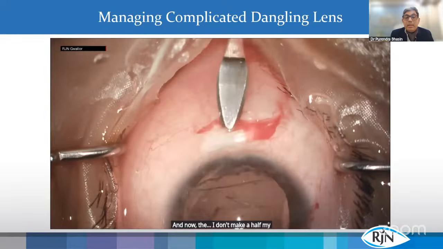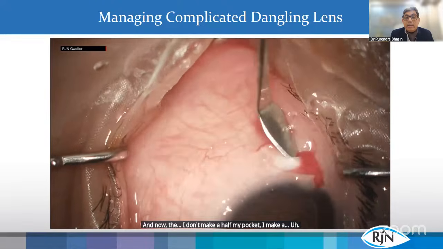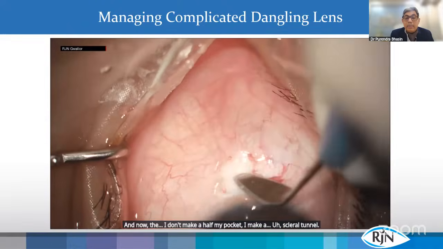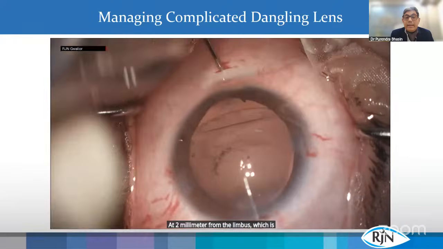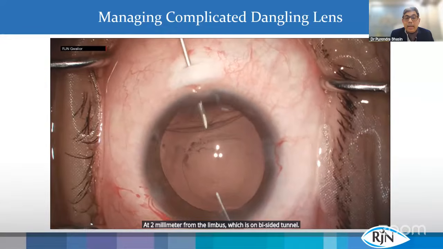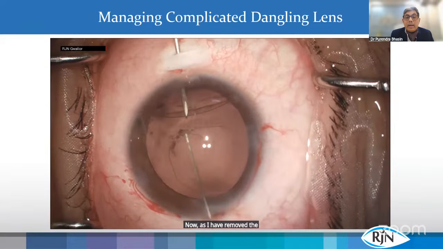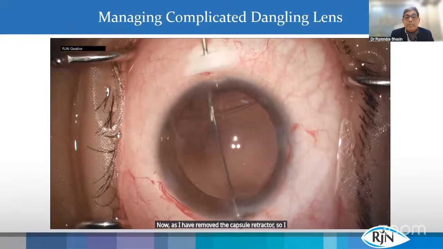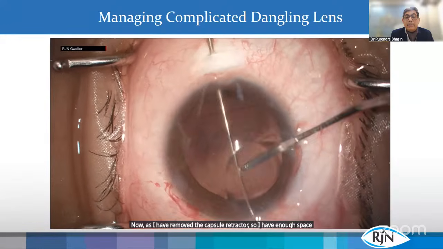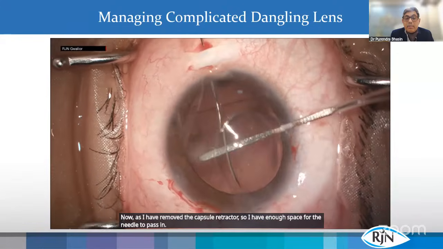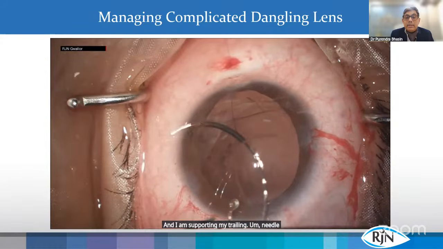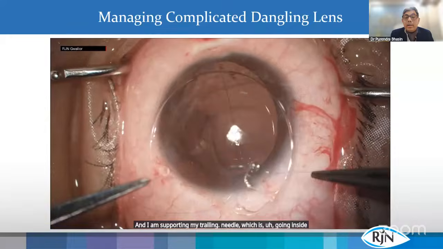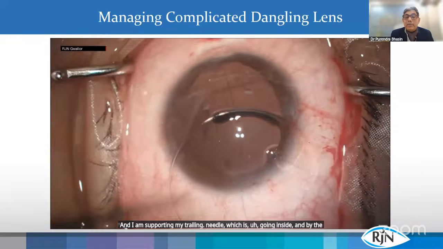I make a scleral tunnel at 2 millimeter from the limbus, which is a bisided tunnel. Now, as I have removed the capsule retractor, I have enough space for the needle to pass in, and I am supporting my trailing needle, which is going inside, with the iris spatula.